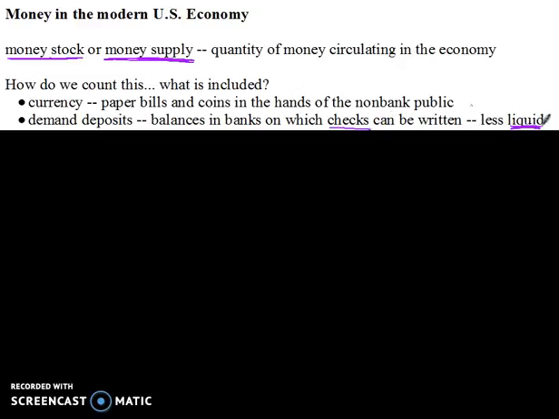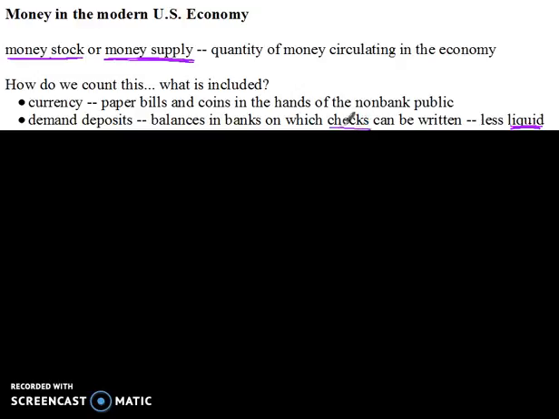Cash, currency, is pure liquidity. It is the medium of exchange. Checking accounts are a little less liquid. Some places won't accept checks. If you go get gas, they might not accept a check for the purchase, whereas they would accept cash.